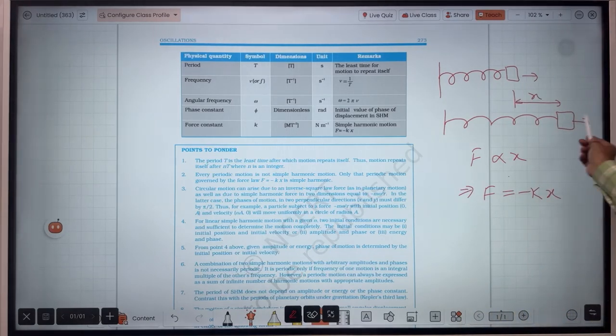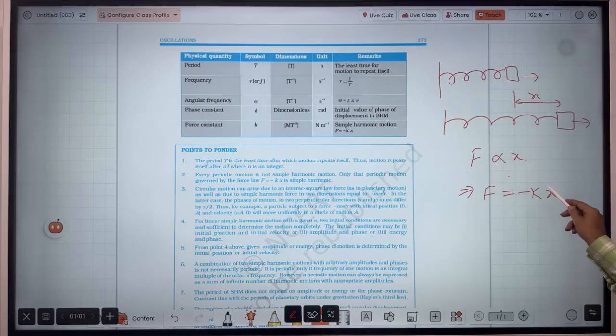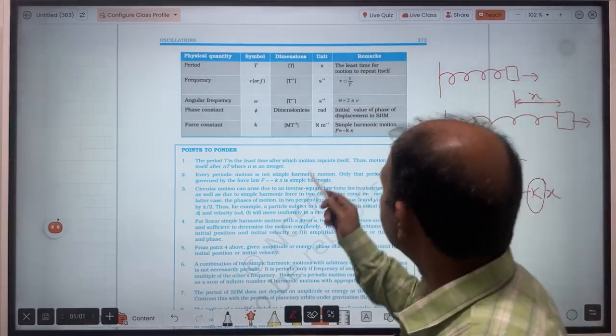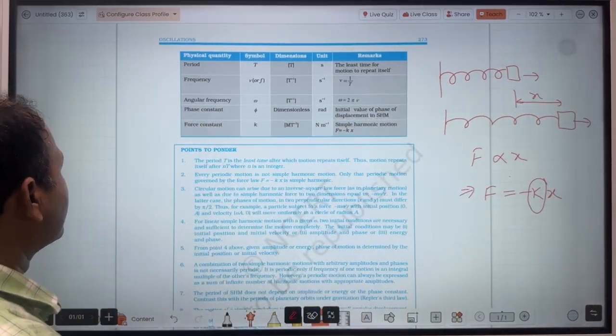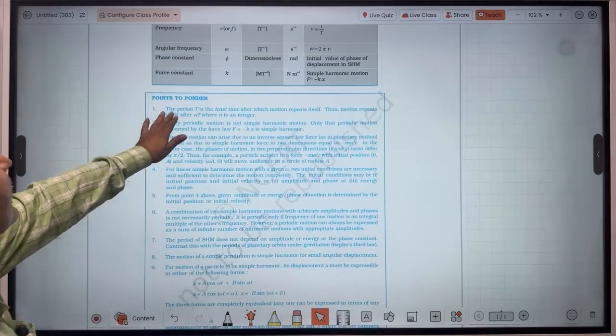We say that the restoring force acts opposite to the displacement, and here k is called the spring constant. So here the same thing is explained. Then comes another point, you can read it.